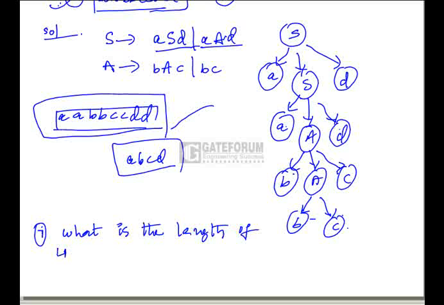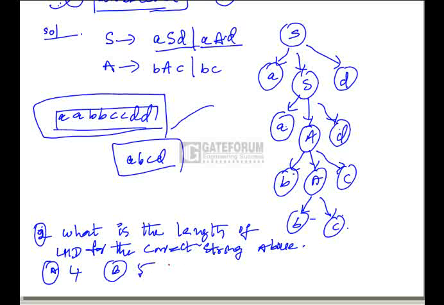This is the linked question. Options given are A 4, B 5, C 6, D 7. The correct string we already know, that is AA, BB, CC, DD.